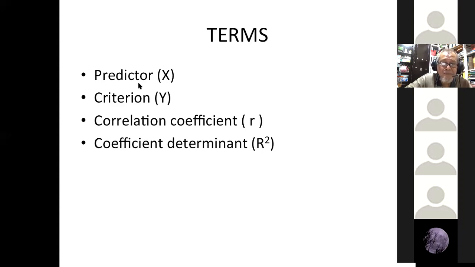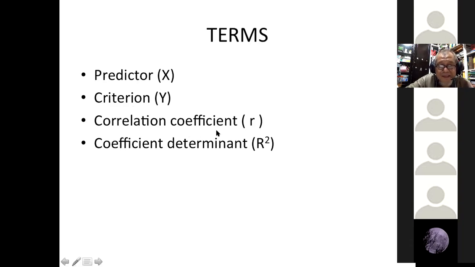So X is the one used to predict, and then Y is the one that will be predicted. Okay, so this is the name of the variable. In experimental study, we call it independent variable, and this one is dependent variable.